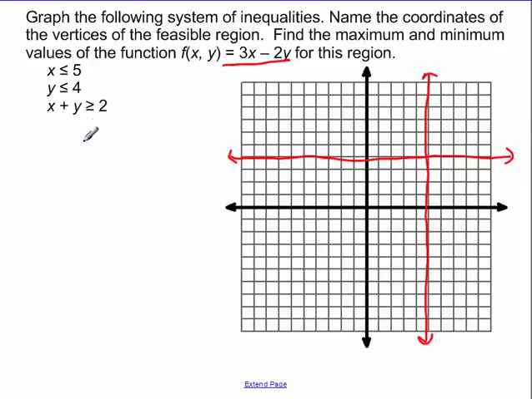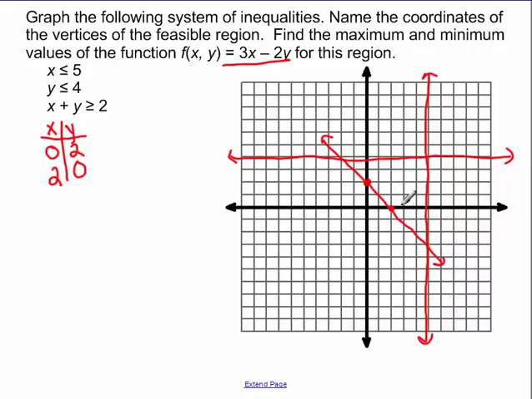Now graphing this line, you can put them in slope-intercept form, and that's fine, but I'm not going to lie to you, linear programming is made a lot easier if you graph things by intercepts. If you make x 0, y would be 2, and if you make y 0, x would be 2. And we graph our lines.